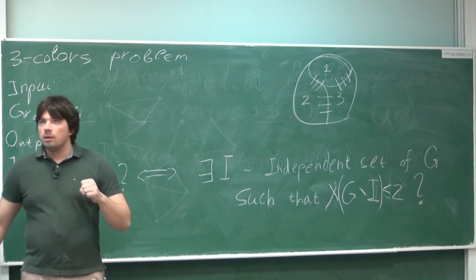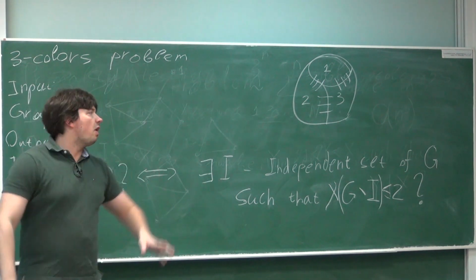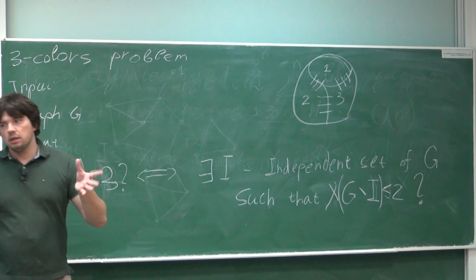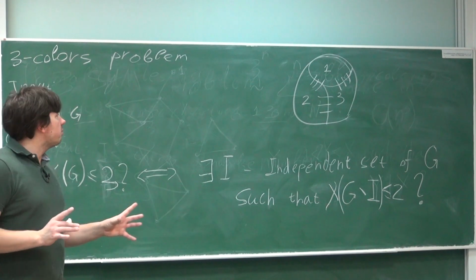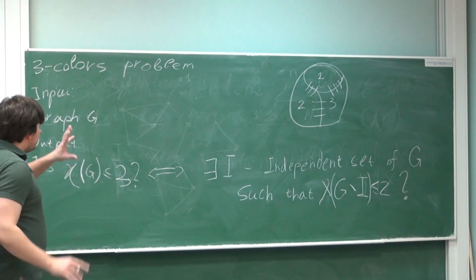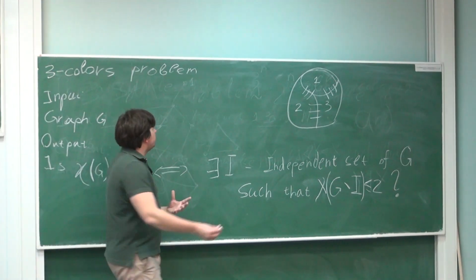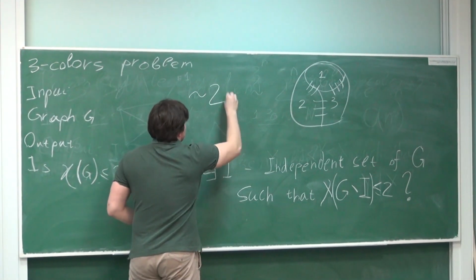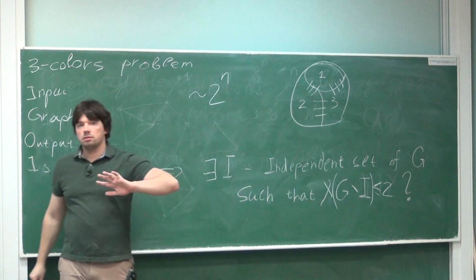So we can answer the question for every candidate in some small time compared to the number of the candidates. So the dominating term in the running time would be the number of candidates, which is 2 to the n.